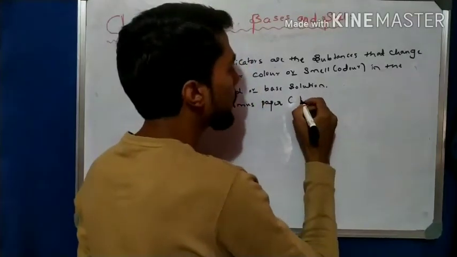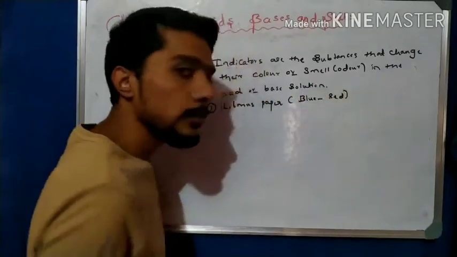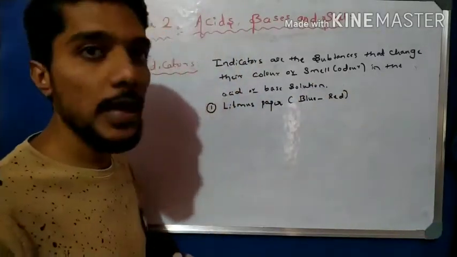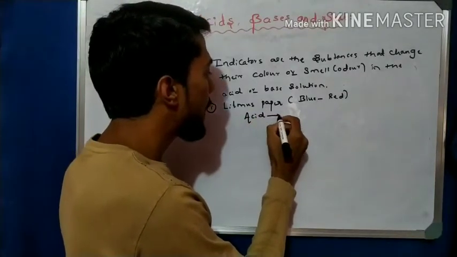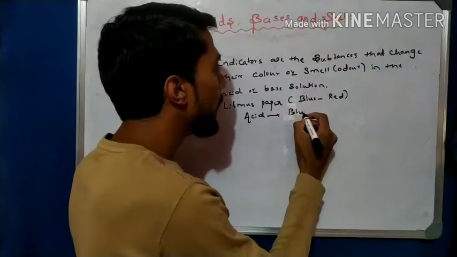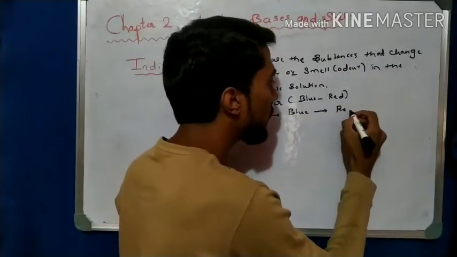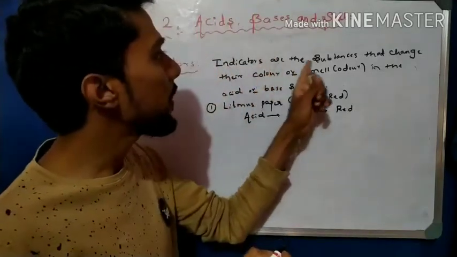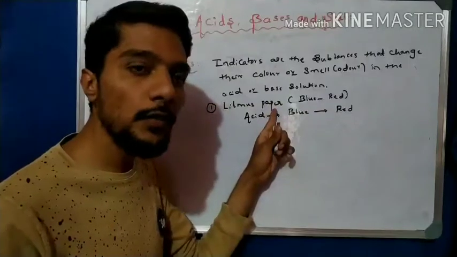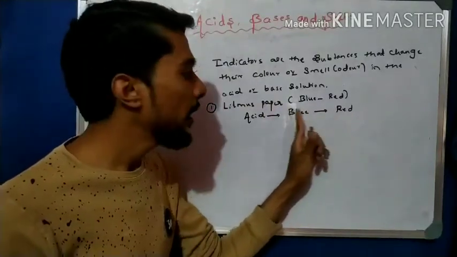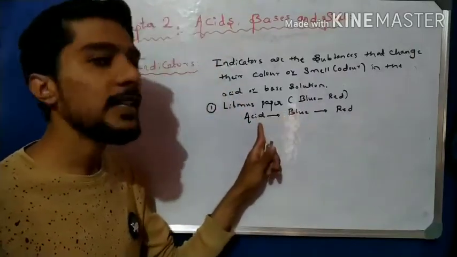We learned about litmus paper in the last video: if blue litmus paper is dipped into an acid, what happens? The color changes into red. Litmus paper works on the principle of changing the color. If the blue color changes to red, then the indicator indicates that it is acid.